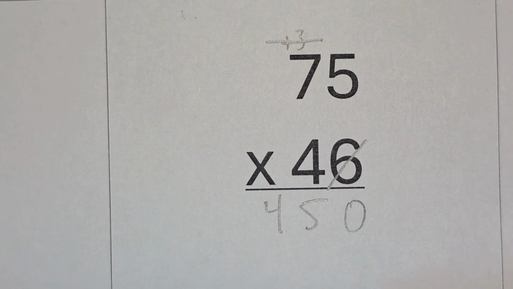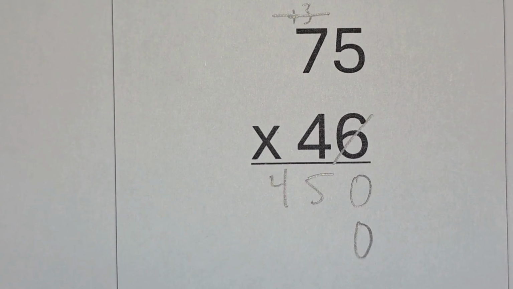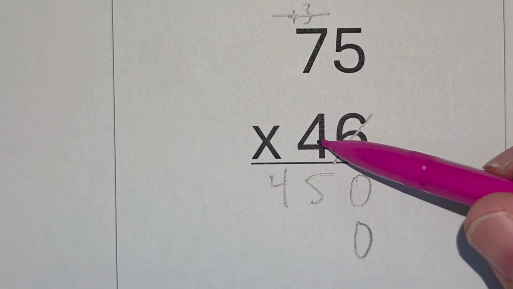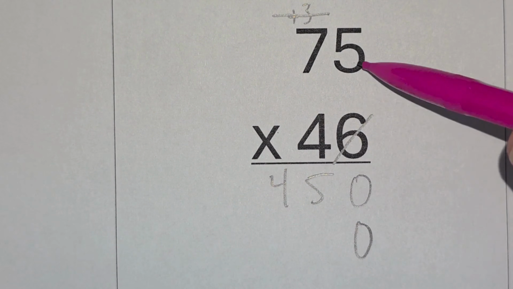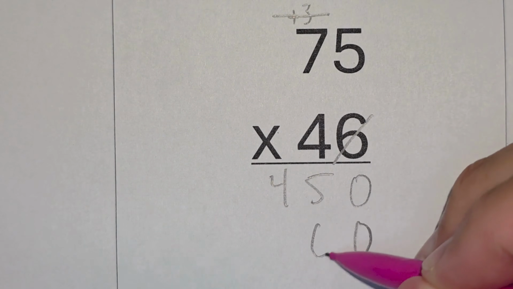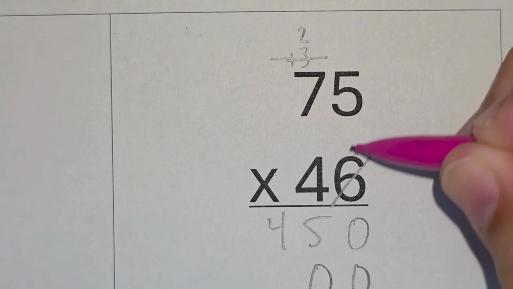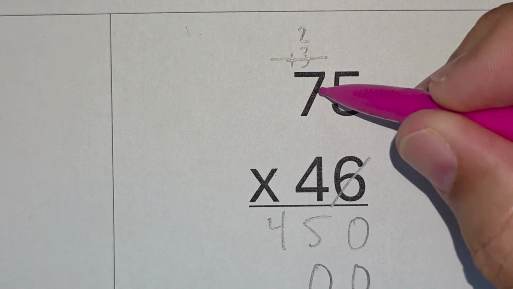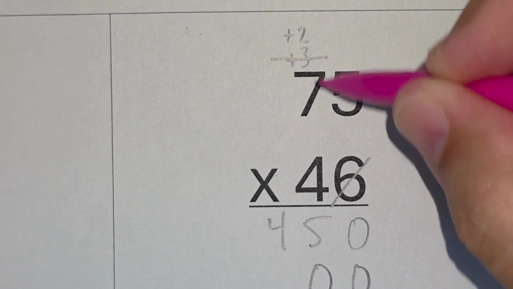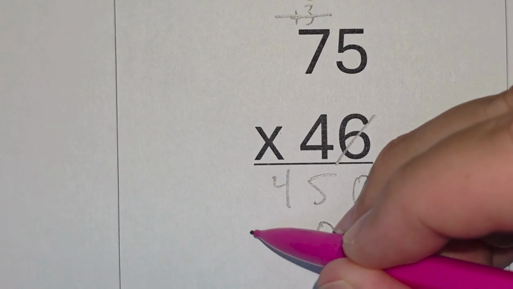Tick, tack, 0, drop a 0 down here, and then I'm going to move over to my next digit. So 4 times 5 is 20, so I'm going to put down my 0, carry my 2. 4 times 7 is 28, plus this 2, so 28, 29, 30.